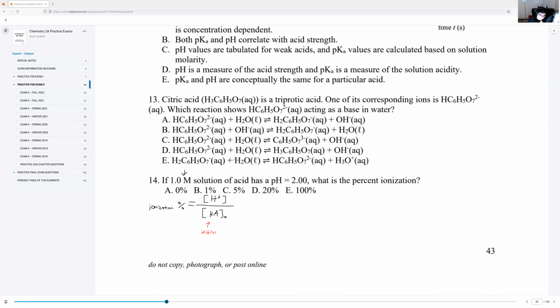All right. So all I have to do is plug in these quantities. I know that H plus is equal to 10 to the negative pH. This comes from the negative log formula. You can't undo it. I would personally recommend just going over your logarithm rules and knowing how to reverse it.